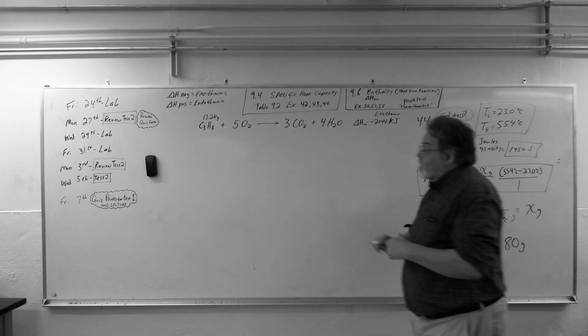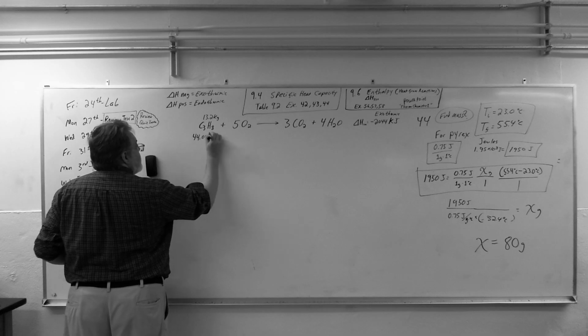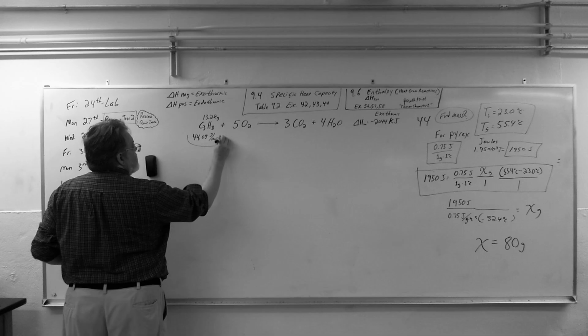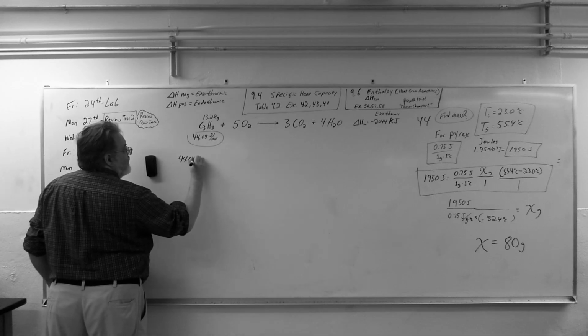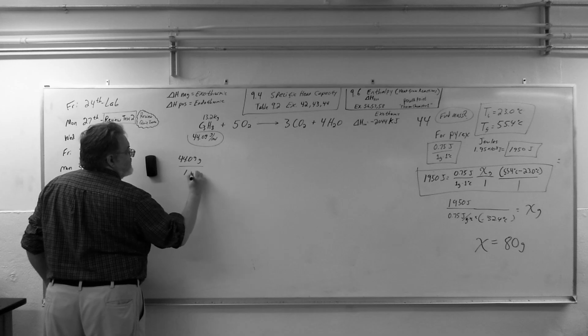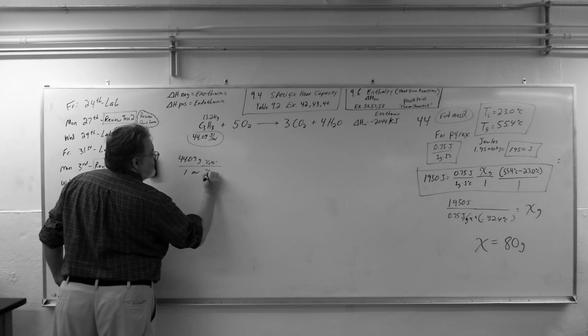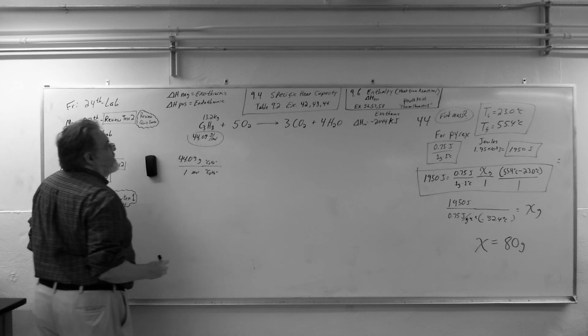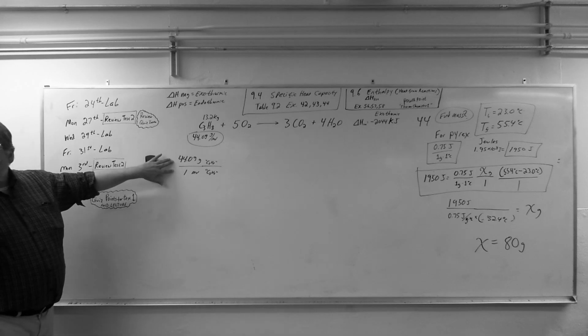So we've worked with grams per mole before, and I always tell you to think grams per mole of C3H8. So you recognize this, right? Something we've worked with before.